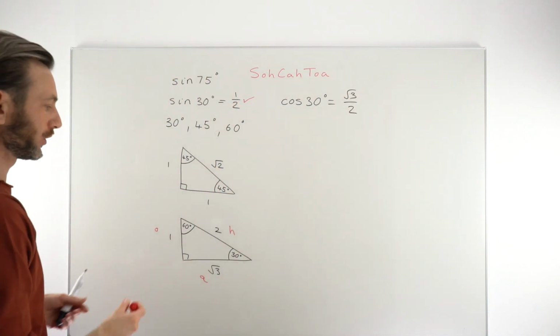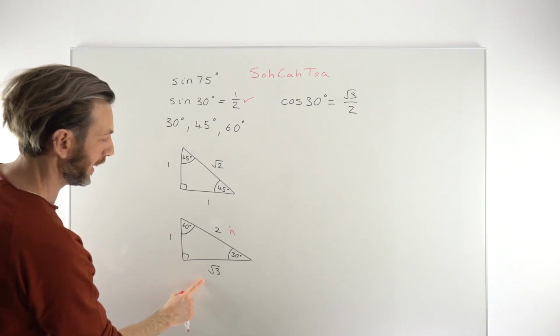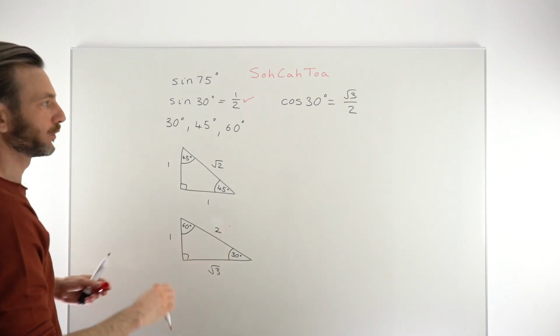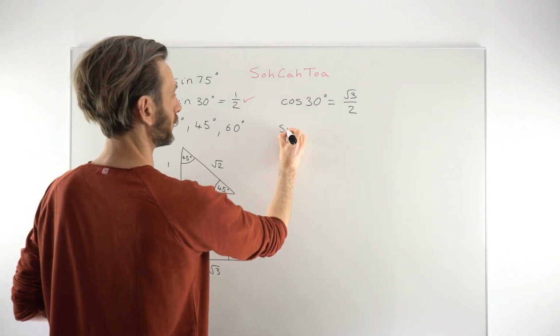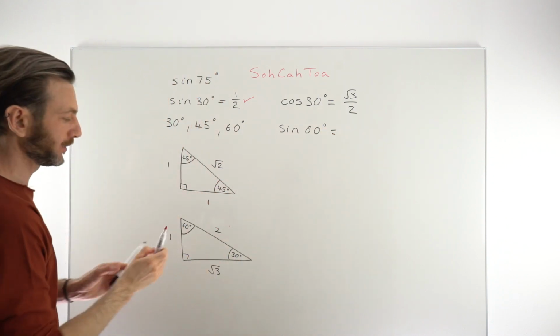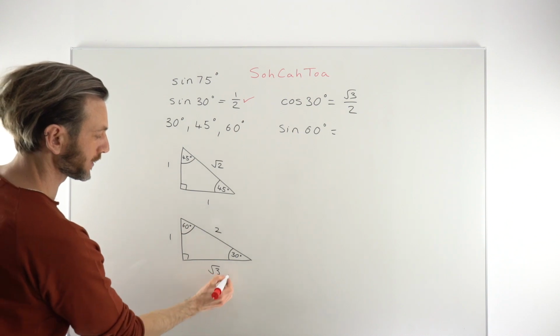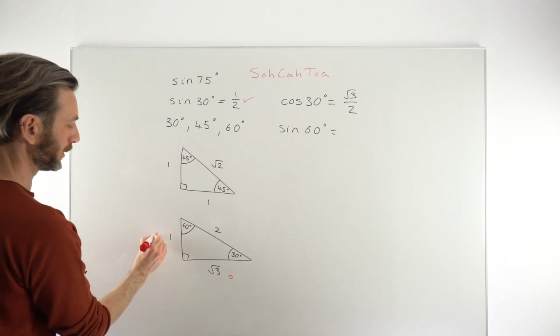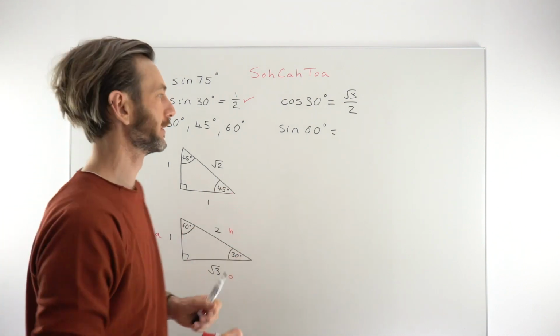Remember when you're working with SOHCAHTOA, your labels depend upon the angle you're using as your reference angle. So if we wanted to change to the sine of 60 degrees, then we need to relabel our diagram because now this is our reference angle, which means that this is no longer adjacent, this is now opposite, this one is adjacent. The hypotenuse never changes because that's just the long side of the triangle.